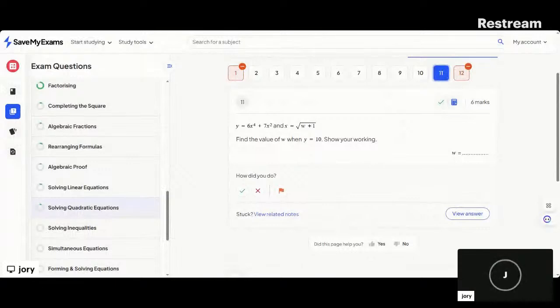So it's going to be root of w plus 1 to the 4th plus 7 w plus 1. Well, to the squared, but you get that.